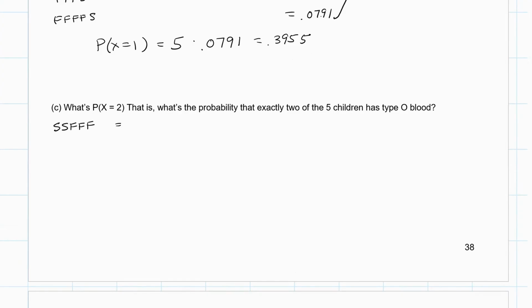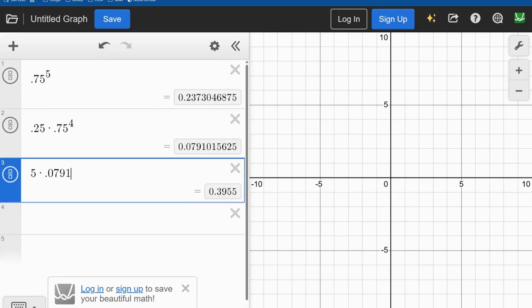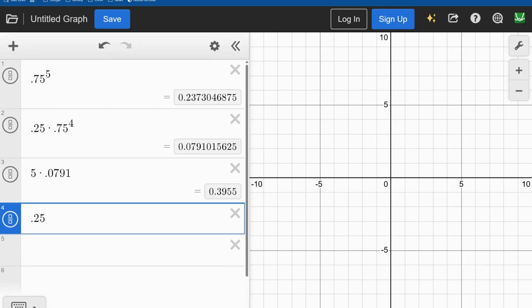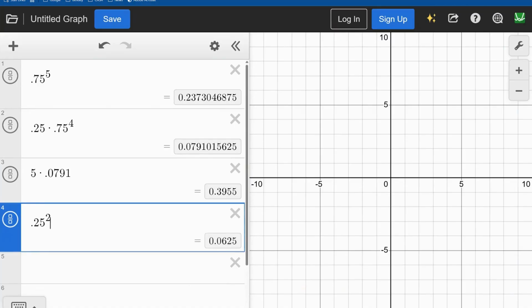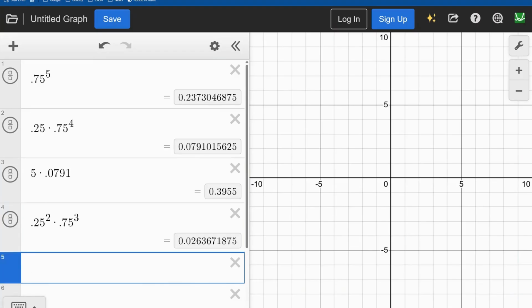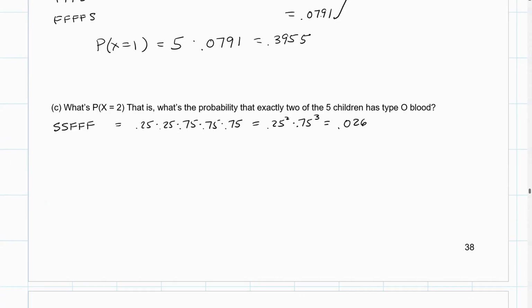And with its probability of 0.25 times 0.25 times 0.75 times 0.75 times 0.75, or 0.25 squared times 0.75 to the third power, which is 0.0264. And that's one way of having two successes and three failures.